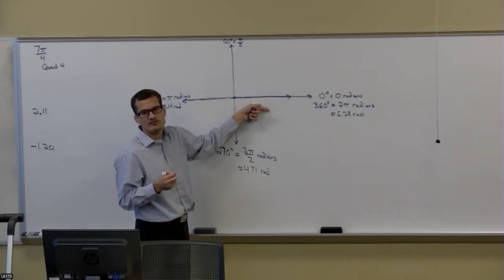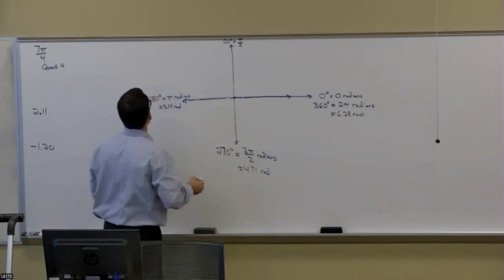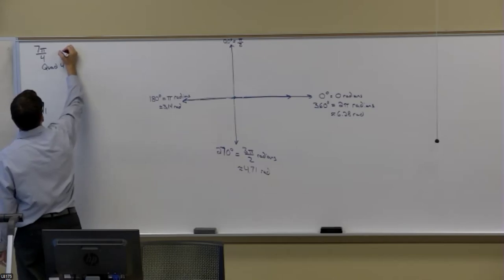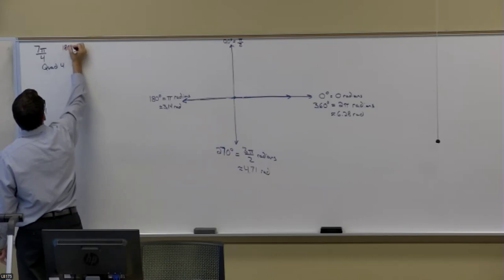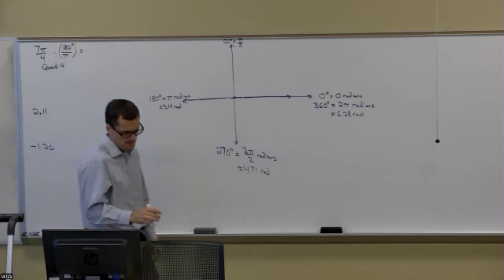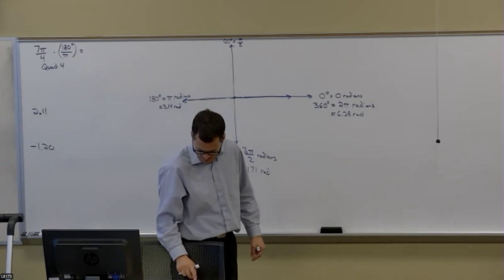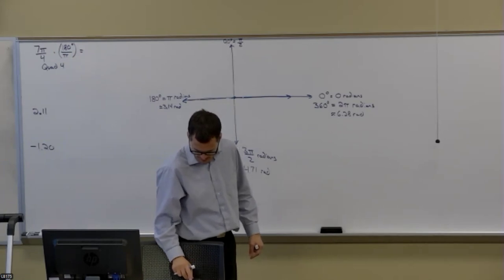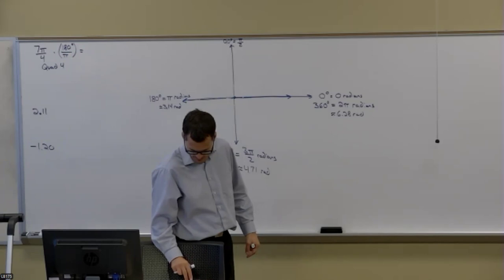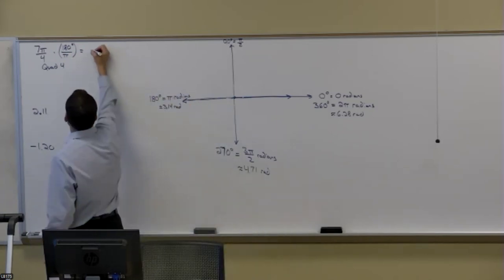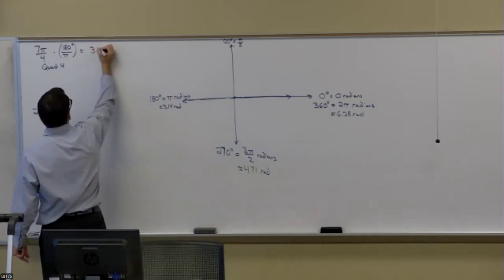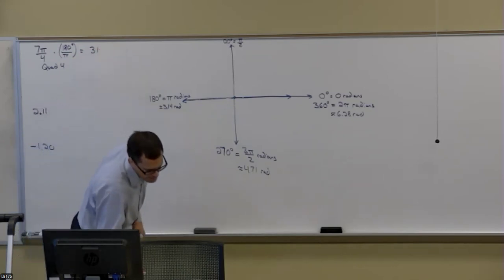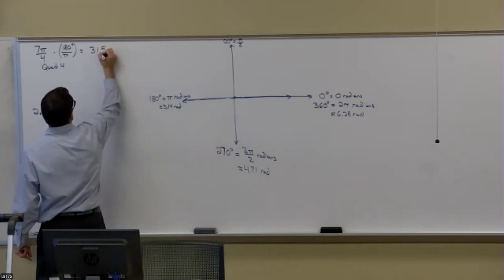The other way I could have done that is I could have converted this to degrees, and seen that 7 pi over 4 is 315 degrees.